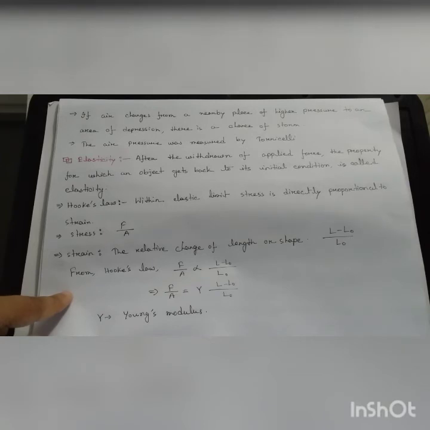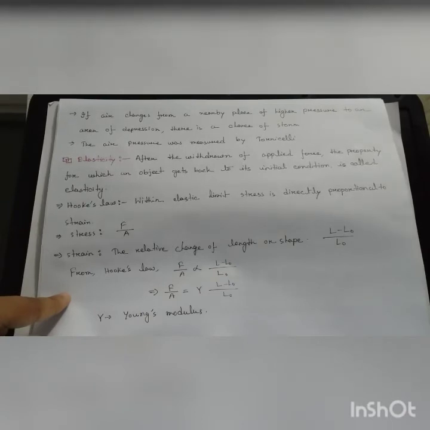So this change can be in terms of volume, shape, or length. So from Hooke's law, we can write that stress is directly proportional to strain, then F by A, because stress is F by A, is proportional to L minus L naught divided by L naught, if we consider the change in length.